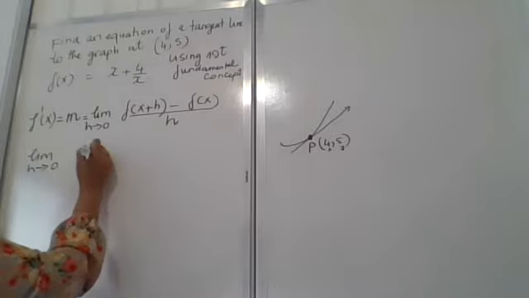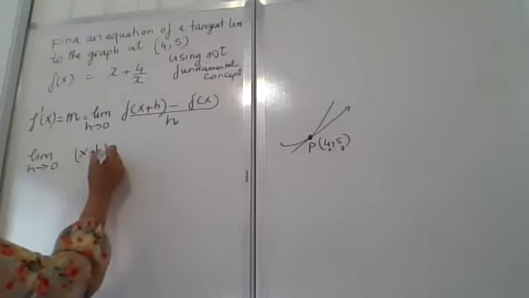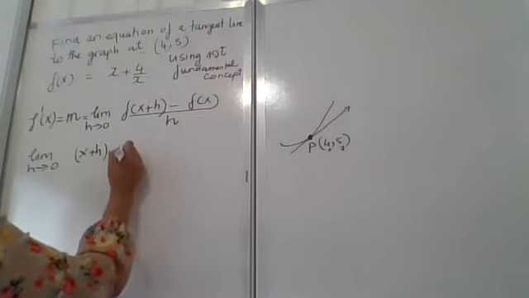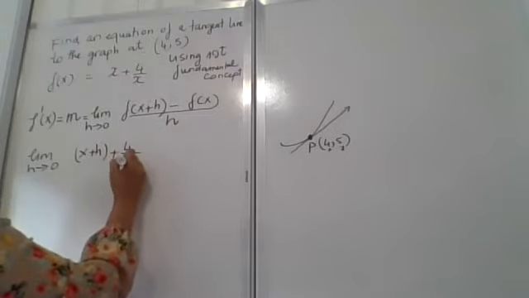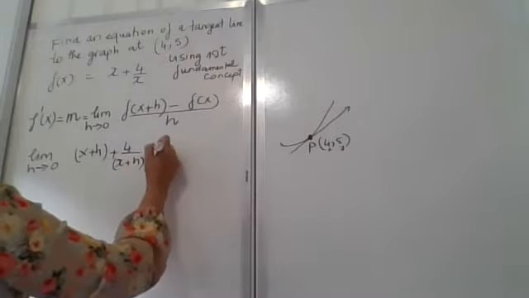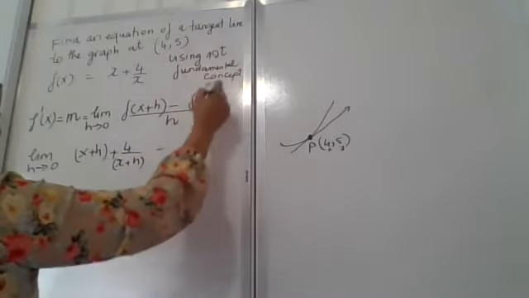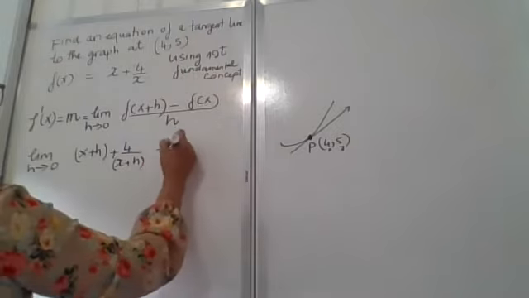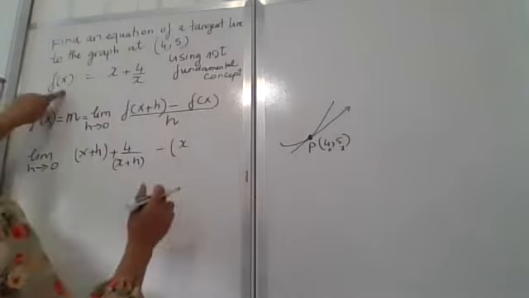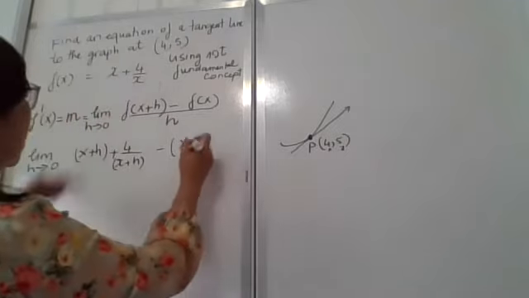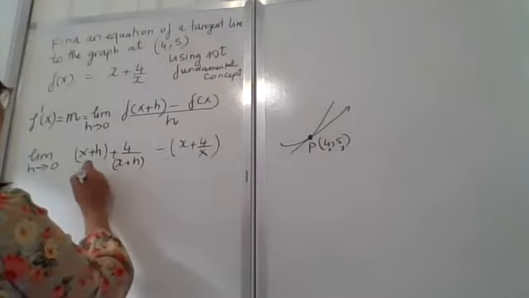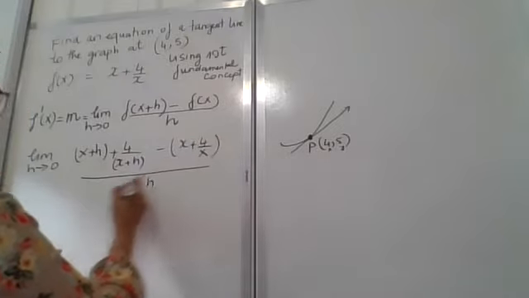So you have x plus h, adding 4, over x plus h, and then minus your f of x. This is the function f of x, right? f of x equals the whole thing here, x plus 4 over x, all of this over h.